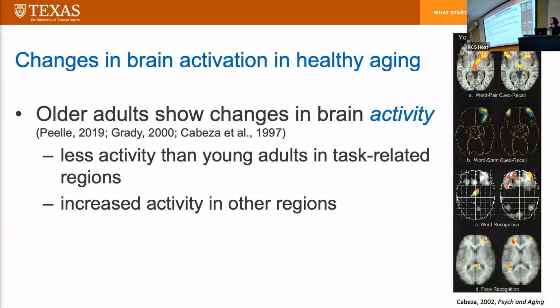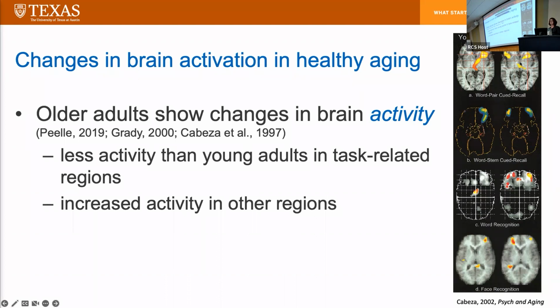So in studies where we've looked at older adults versus younger adults performing tasks in the MRI scanner, certain patterns emerge. On the one hand, we see less activity in older adults relative to younger adults in task-related regions.